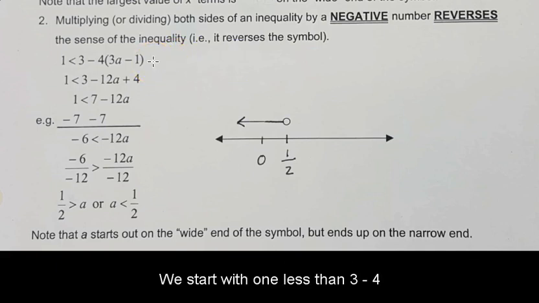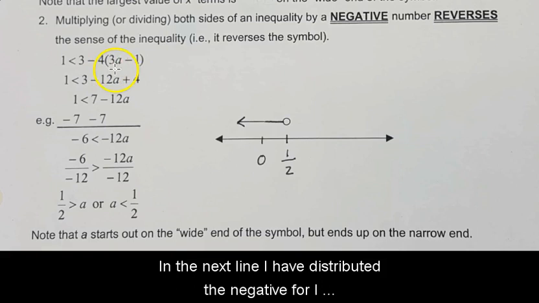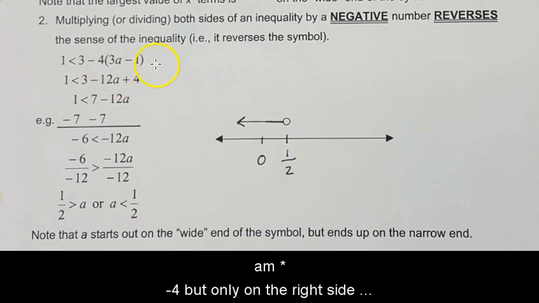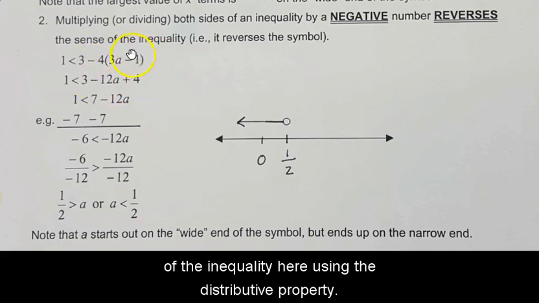We start with 1 less than 3 minus 4 multiplied by the quantity 3a minus 1. In the next line, I have distributed the -4. I am multiplying by -4, but only on the right side of the inequality, using the distributive property.